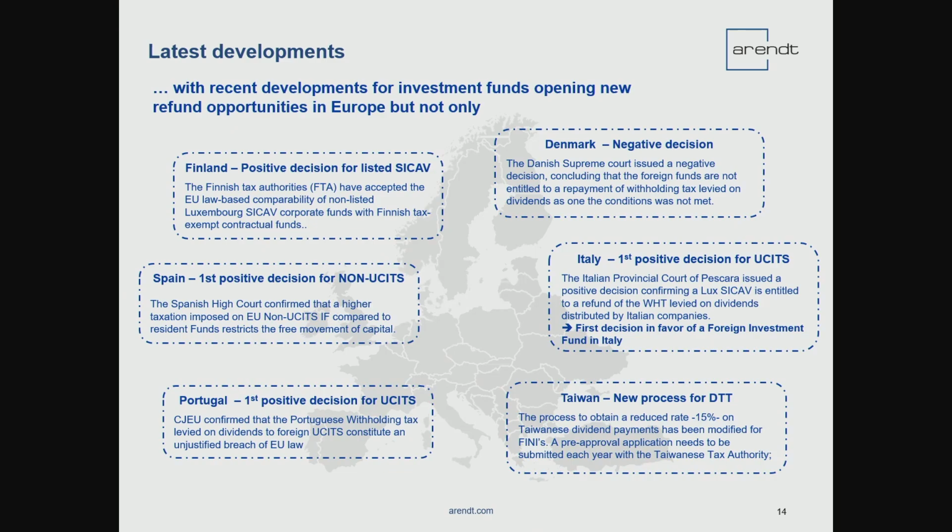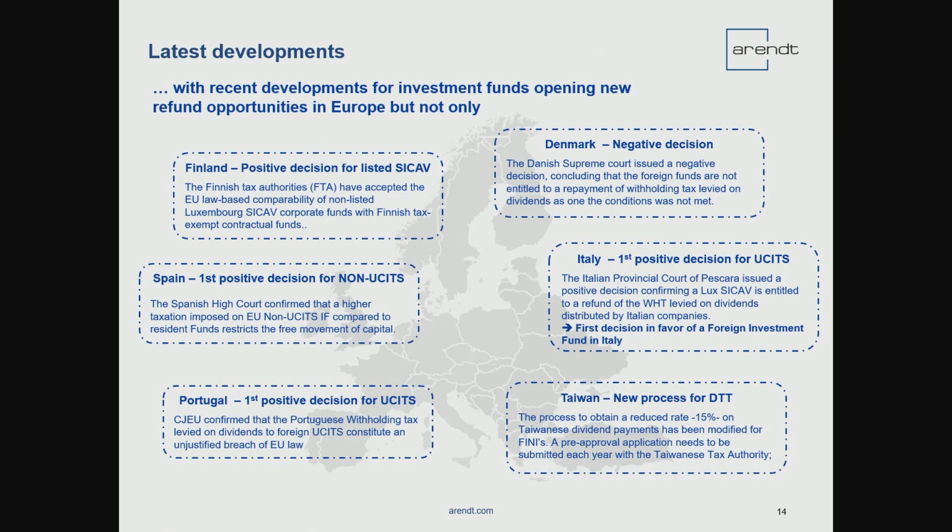That's also huge because we were introducing reclaims for several years for our clients on the Italian market. We know that they were put in a warehouse in Italy, in Pescara, but we never received a decision, and we had to go again to litigation to obtain a positive decision. Well, at least to have a decision on the reclaims.